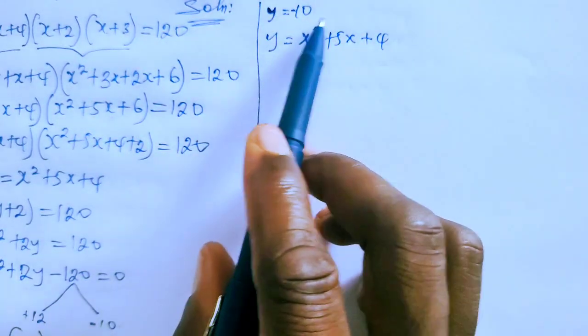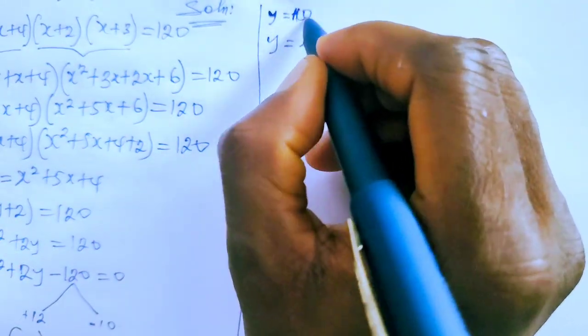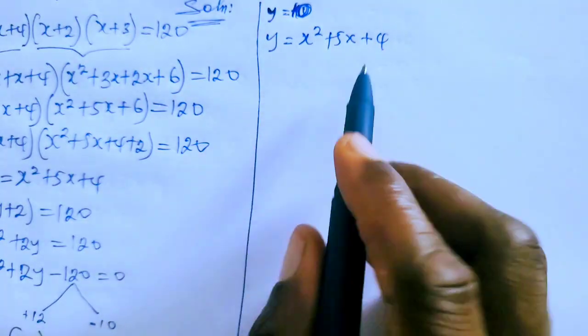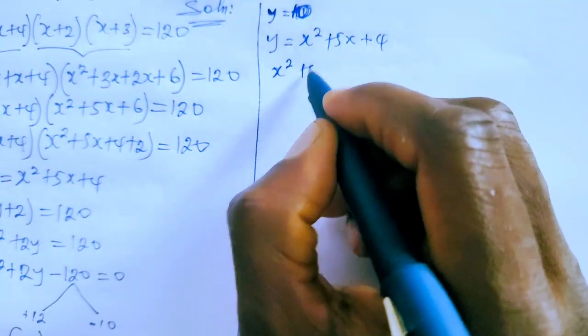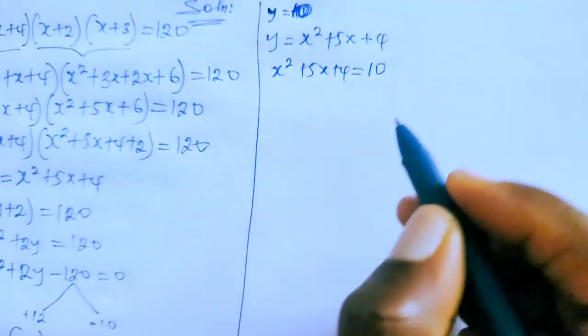Then when y equals 10, the equation becomes x squared plus 5x plus 4 equals 10.